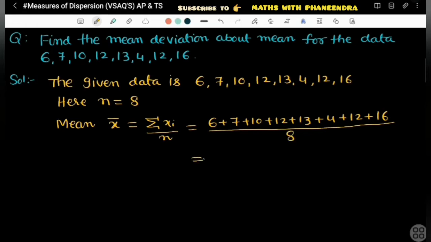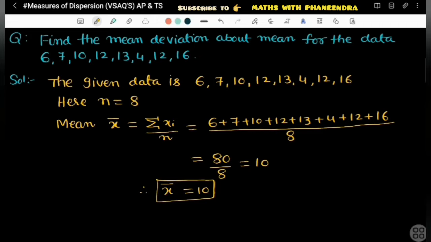If we add these: 13, 23, 35, 48, 60, 80. So 80 by 8, which is equal to 10. Therefore, x bar, the mean, is equal to 10. Till this step, you will get 1 mark. So it is a total 2 marks question only.